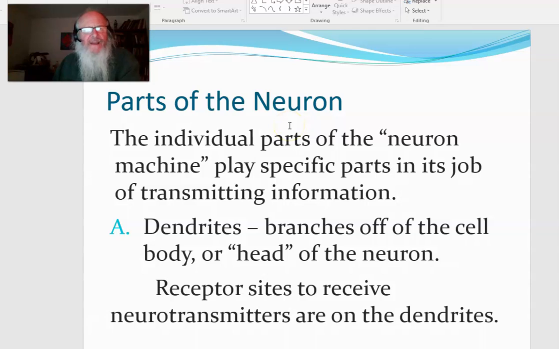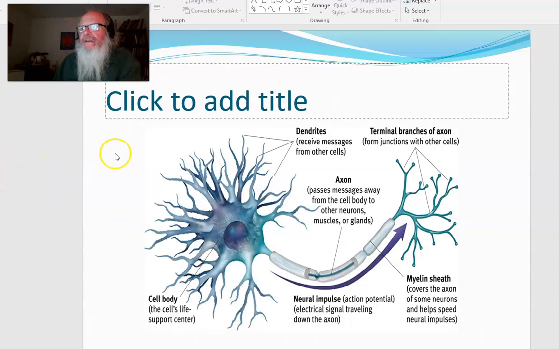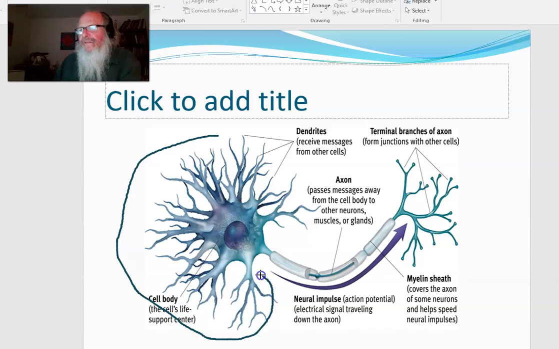Keeping in mind that in the first presentation, one of the things that I suggested is you think about the neuron as being like a machine. And so now we're talking about specific parts. The first part is these twisty branches that grow off the cell body of the neuron.